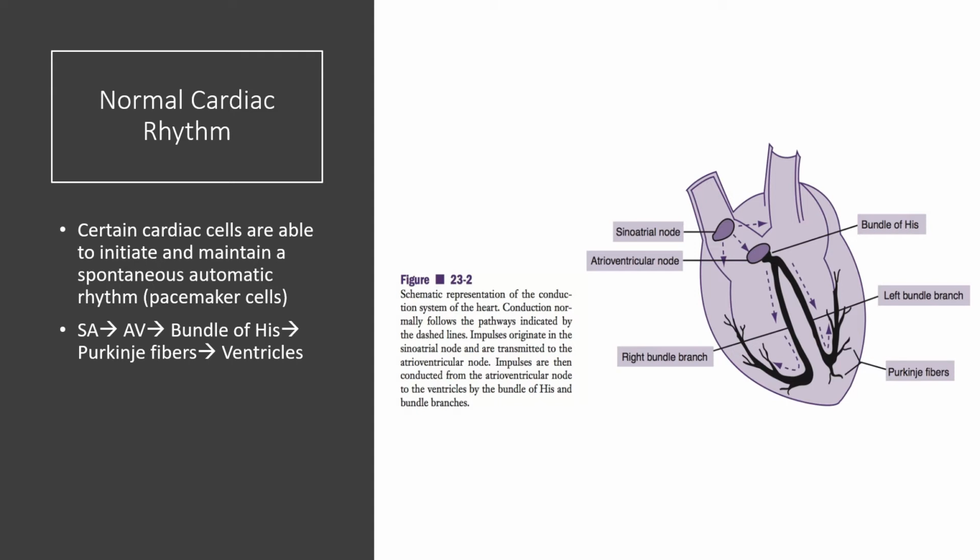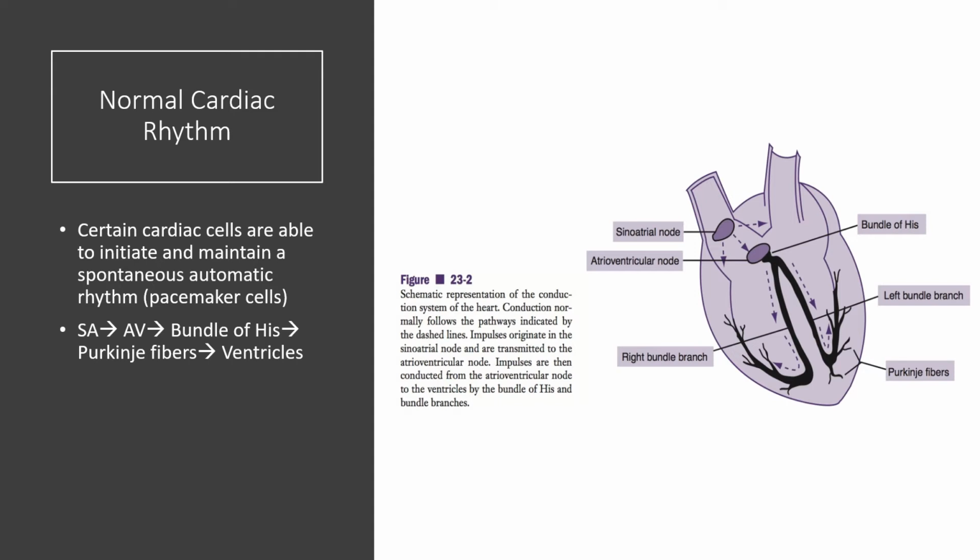So this is one of the contributing factors to why, when you take the heart out of the body, the heart will continue to beat, because it's still having some type of electrical conduction that is happening. So these particular pacemaker cells have the ability to depolarize spontaneously because of a rising phase 4 in the cardiac action potential.